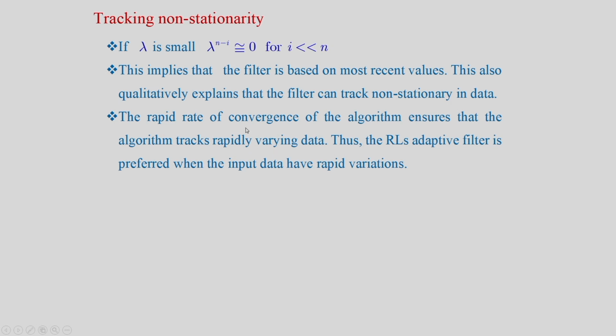The rapid rate of convergence of the algorithm ensures that the algorithm tracks rapidly varying data. Thus, the RLS adaptive filter is preferred when the input data have rapid variations.